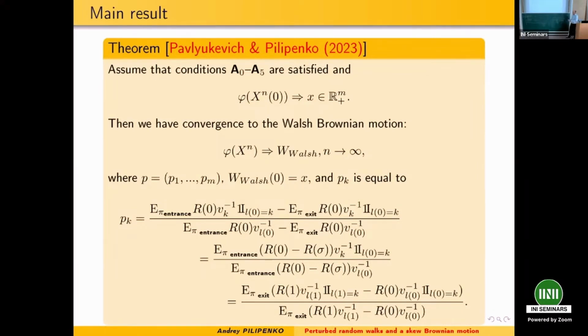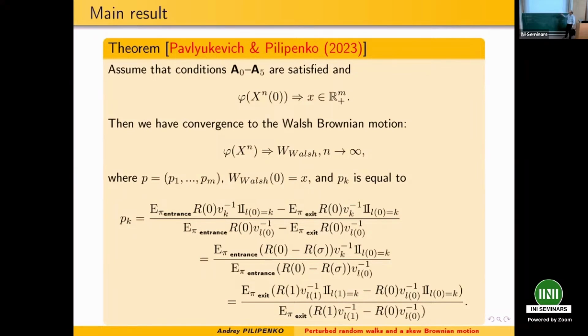R0 means the following. R0 is positive, so you have a stationary distribution on the positive numbers. If you start from this entrance stationary distribution, R0 has the stationary distribution.